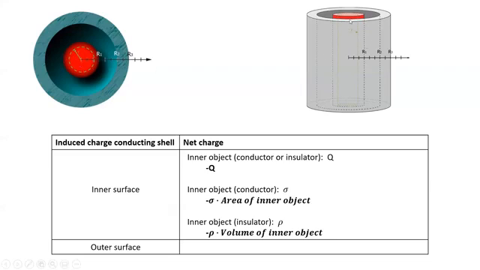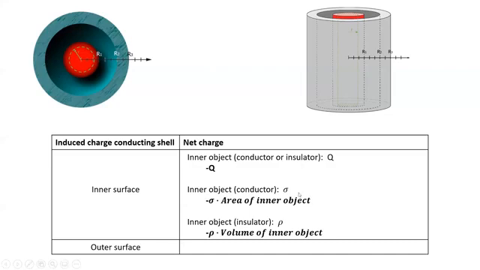Or for the charge contained in this inner cylinder, assuming it's an insulator, I'd take rho times the volume of the cylinder, which is pi r squared, the area of its base, times the length. The inner surface would have the opposite polarity, so negative rho times the volume of the inner object.